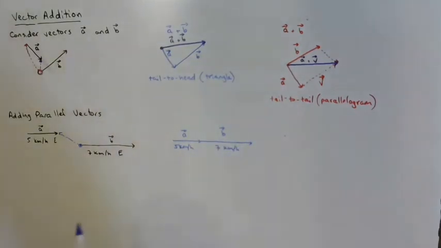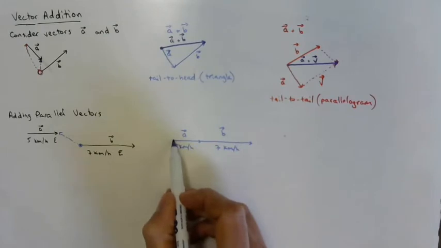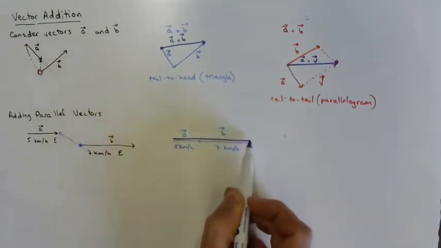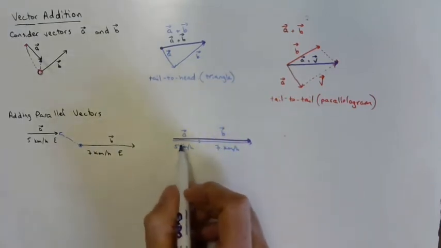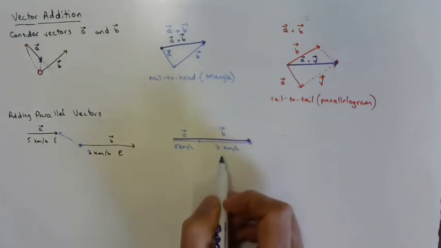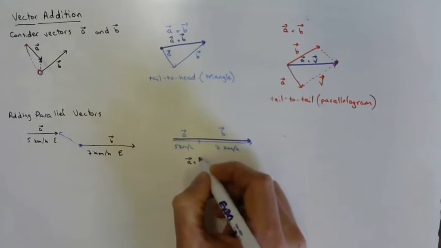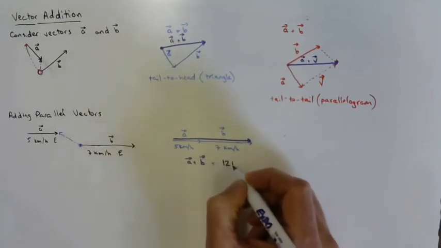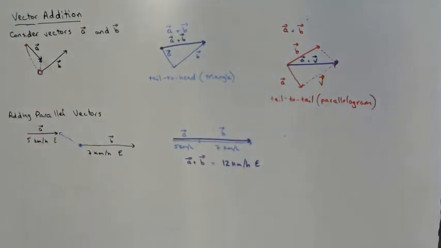We add those up, and what we've created here is a straight line. So my resultant vector, a plus b, is simply 5 plus 7. It's 12 kilometers per hour east. Nothing too difficult there.